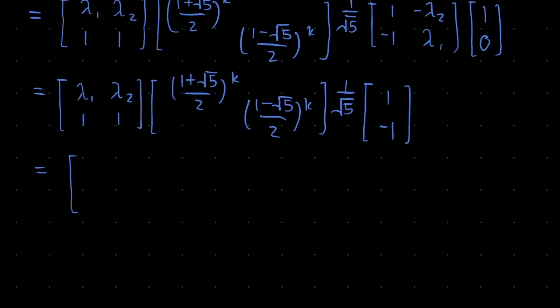And this gives us, let's see, notice that lambda 1 is simply this thing inside the power. And this is a diagonal matrix, so I didn't write the zeros.